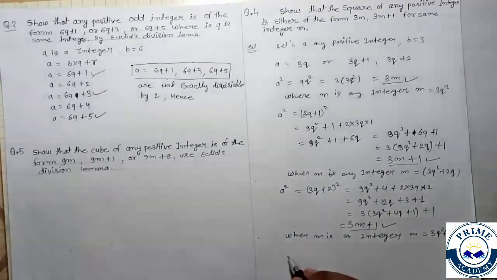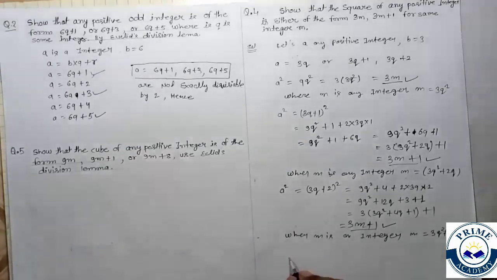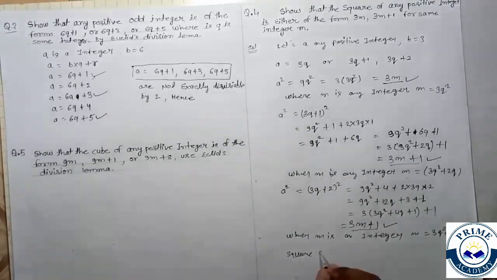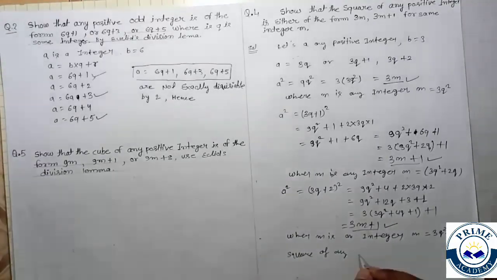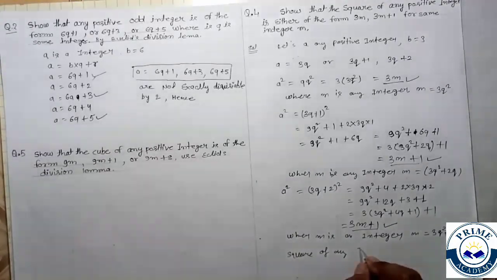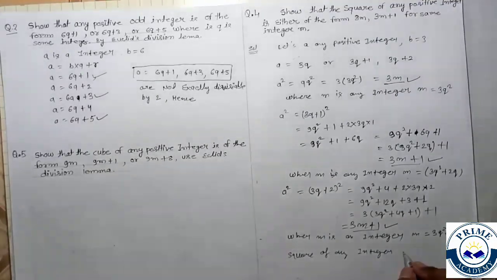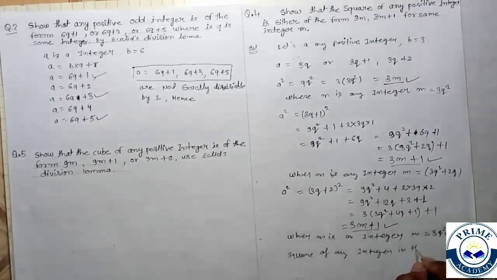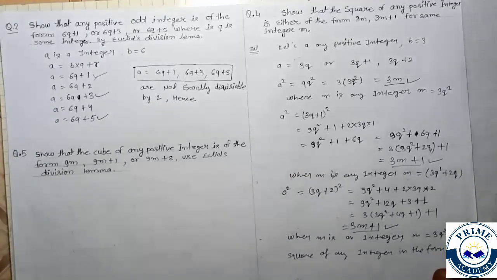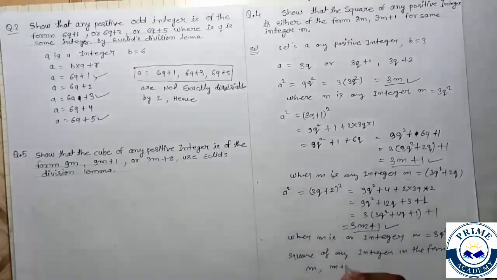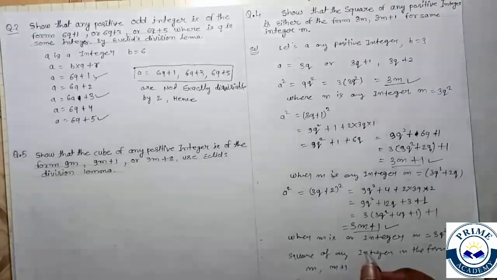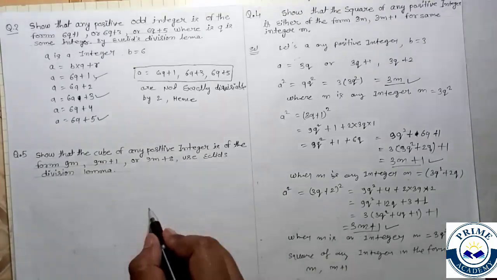So I can write: square of any integer is in the form of 3m or 3m plus 1, right?